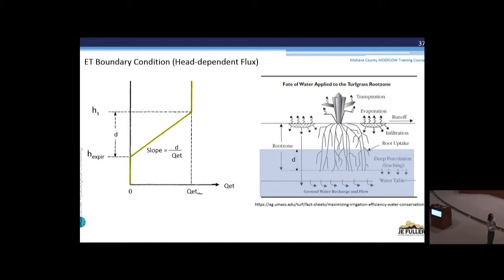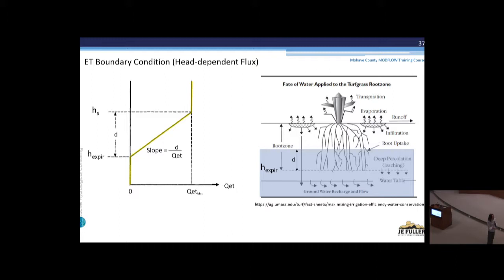If we say that this is that D value, the depth between the ET surface and here, I could put the D up here, but anyway, for discussion, if this is the ET surface and this is the extinction depth, as this water table drops, this plant's going to get less and less water until it gets down to here and it won't get any.